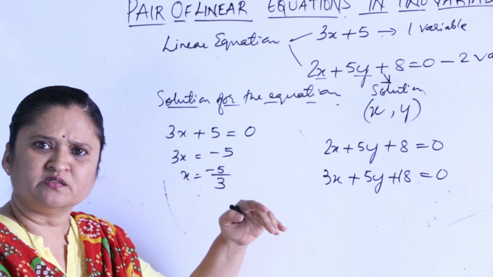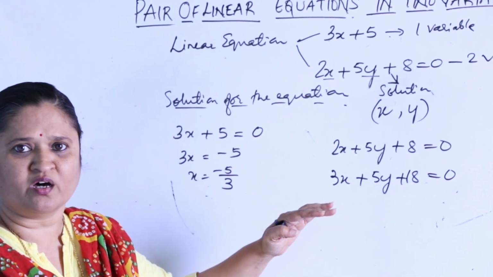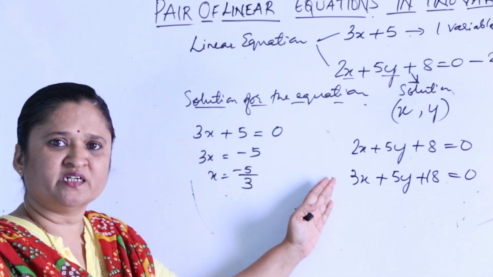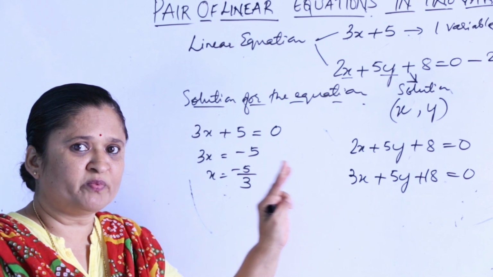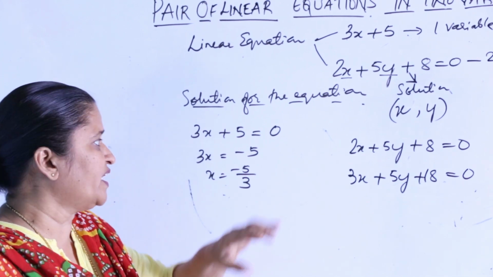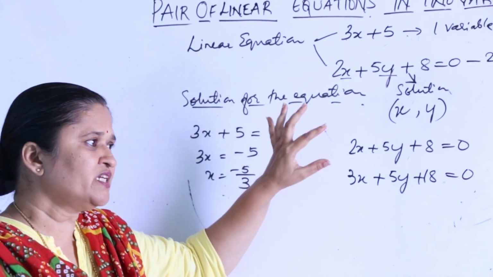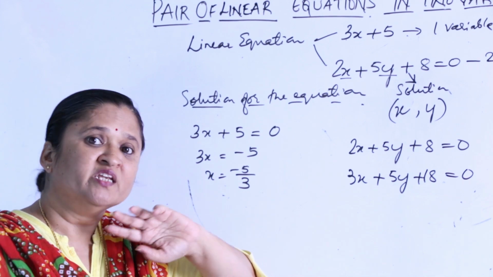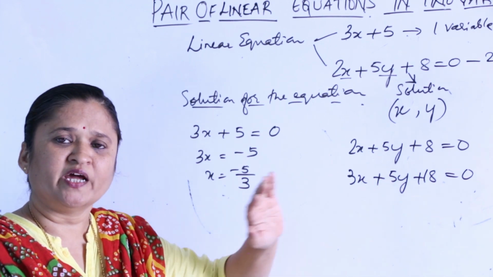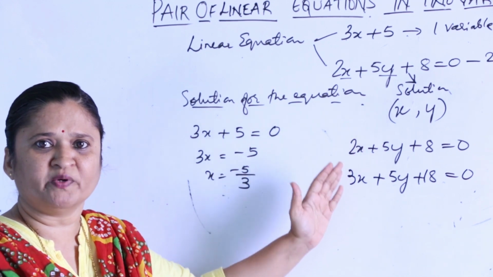Or the last possibility is there could be no such pair at all which can make these polynomials value 0. So there could be 3 situations when we take a pair of linear equations in 2 variables. One is there could be only one value, there could be infinite number of values, and there could be no values at all, no pair at all.